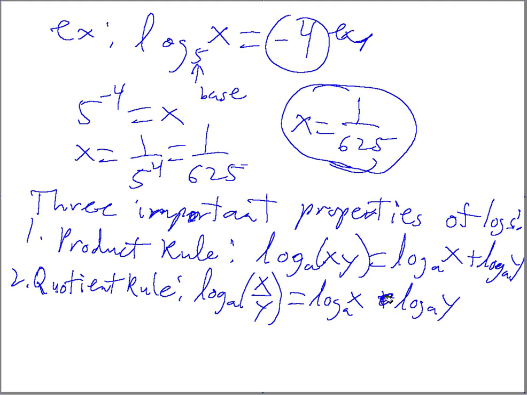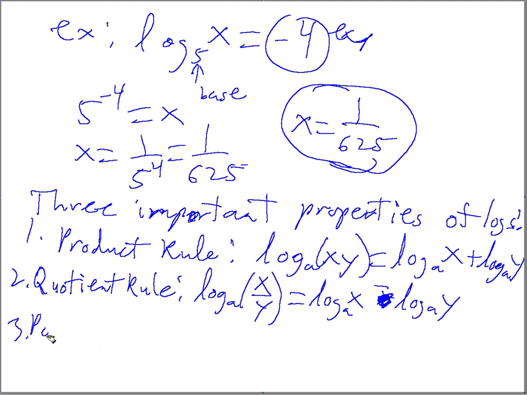I'm sorry, I meant to say minus there, because you remember with exponents, if we divide two exponentials, we subtract the exponents. If we multiply two exponentials, and logs are exponents, we add the exponents. That's the reason for that. So this should have been minus. Sorry about that. So again, log base a of a quotient, you subtract the two logs.